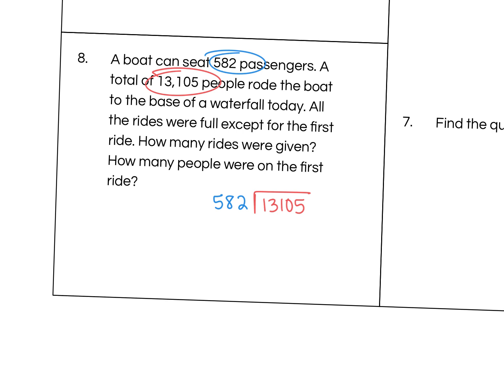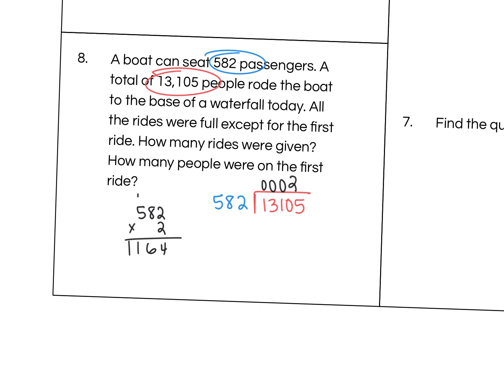I could bump 582 up to 600, and I know it can't go into 1, it can't go into 13, and it can't go into 131. So I could round that to 1,300. How many groups of 600 can go into 1,300? 2. So 582 times 2 is 1164. Can another group of 582 go in, or would that be too much? That would be too much.